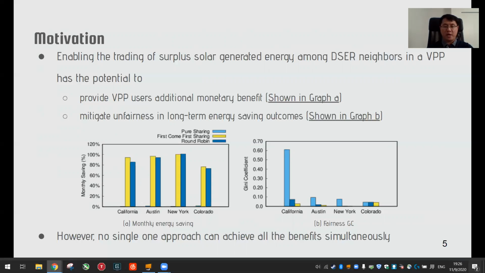As shown in graph A, these algorithms indeed increased the monthly energy saving. And for graph B, the y-axis is the Gini coefficient. We can see they can also mitigate the unfairness. But none of them can achieve both benefits simultaneously. So our insight is, can we design a new approach that achieves both benefits at the same time?